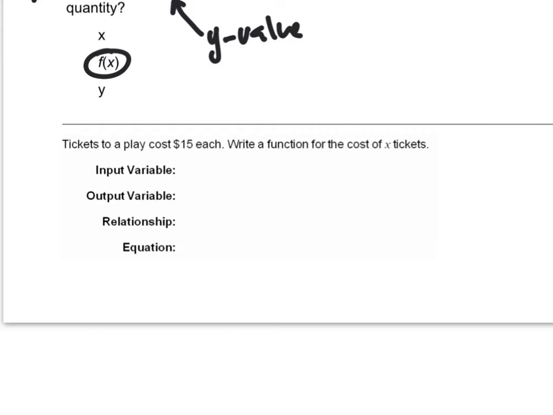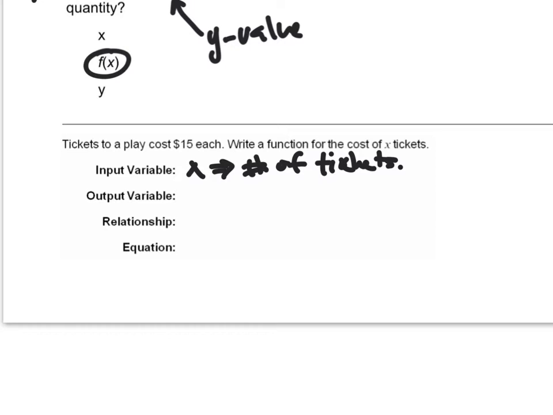Tickets to a play cost $15 each. Write a function for the cost of x tickets. So the input variable is x, and that represents the number of tickets. For the output variable, let's use C for cost.